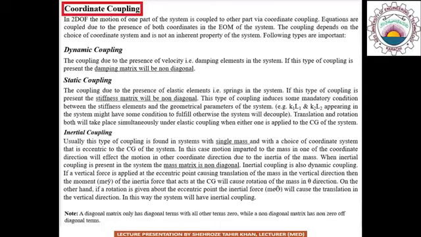The coordinate coupling depends on the type of vibration elements involved. For example, dynamic coupling refers to the presence of a damping element, since this type of element involves velocity, that is, motion.